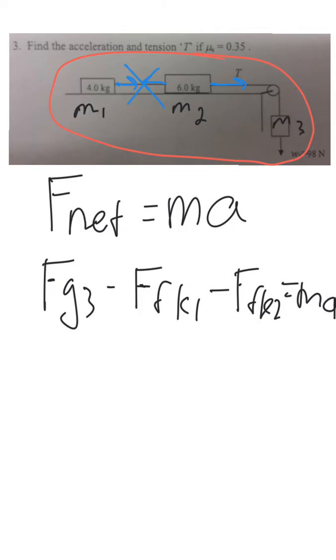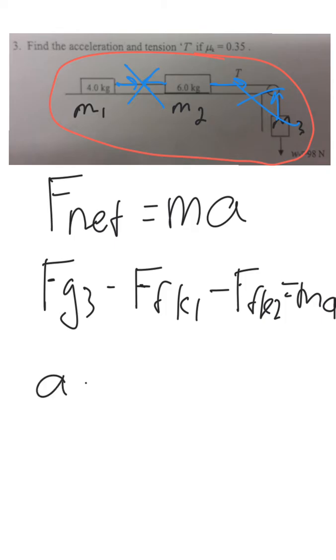Tension 2 is pulling mass 2 to the right, but it's also holding back mass 3. So again, those cancel out in the system. They affect individual masses, but they don't actually affect the system moving itself. So we know force of gravity 3, we know force of friction kinetic 1, we know force of friction kinetic 2, we know all the masses. The only thing we don't know is a.